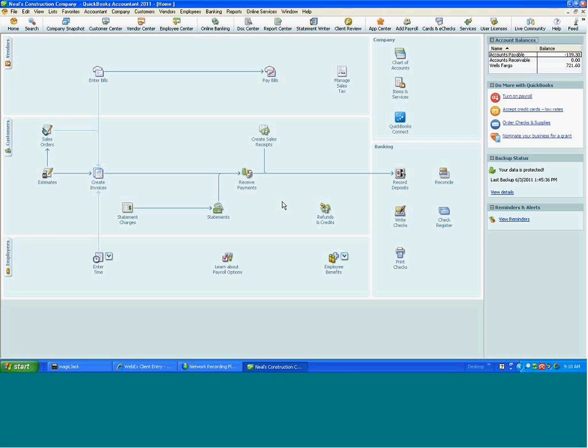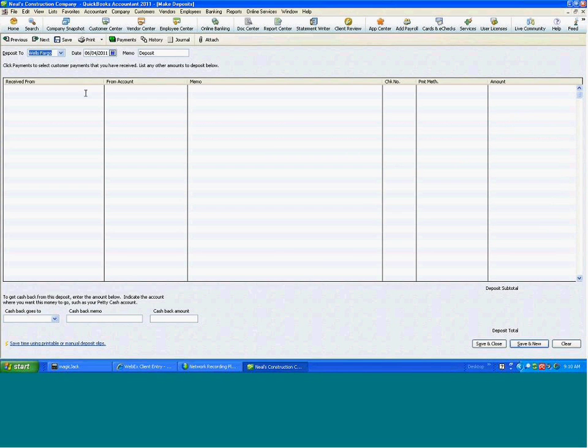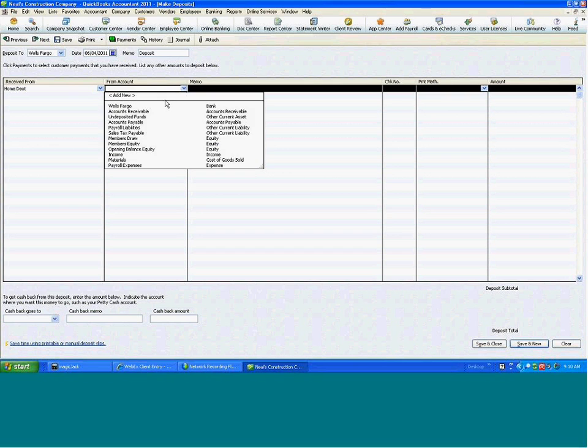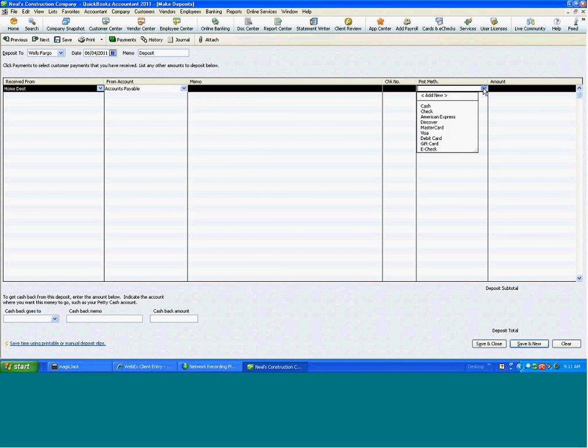Now I need to put that money back into the bank because they gave me a credit on my transaction, so I go to my record deposits, Home Depot, and again, that's associated with my accounts payable, a debit card entry, and I got back a credit of 139.30.